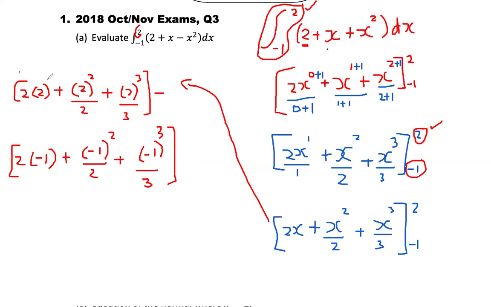What do we have here? We have a 4, right? Yes. We have a 4 plus, what do we have here? It's a 2. Carry 2 times 2, then we divide by 2.